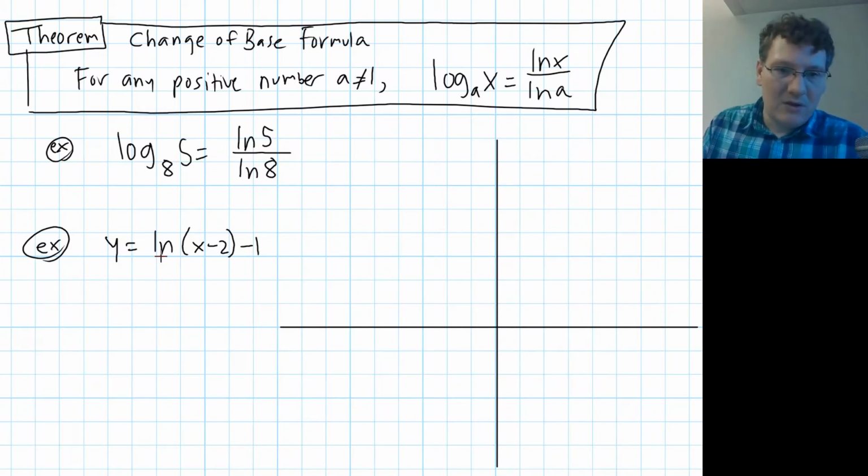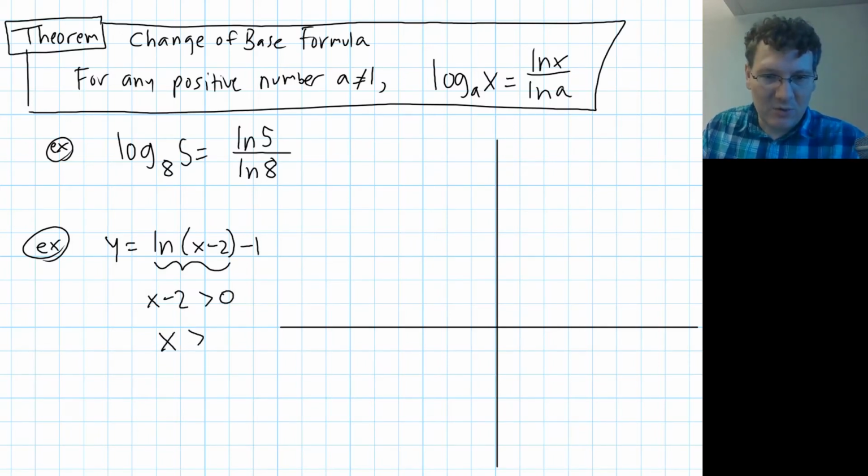The natural log can go down to negative infinity, and it can go up to positive infinity. The x minus 2, the thing inside, has to be strictly greater than 0, which means x is going to be greater than 2. So at 2, we end up with an asymptote.